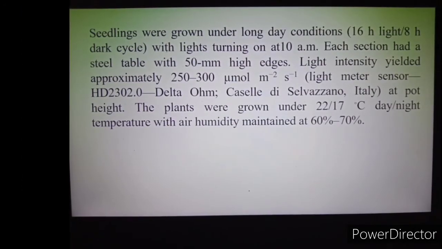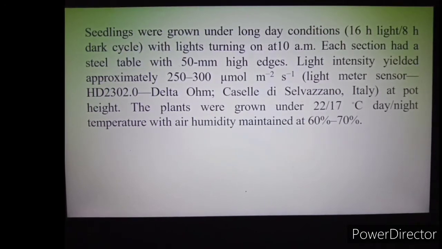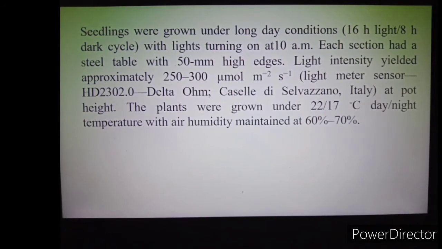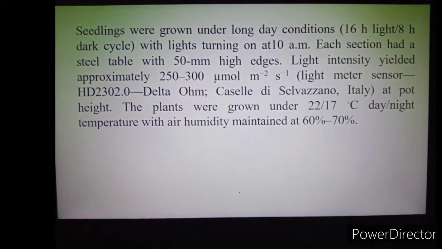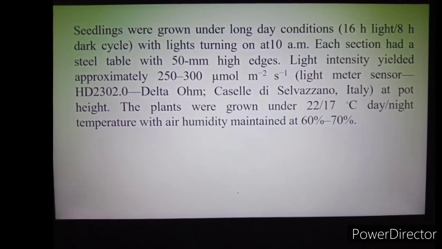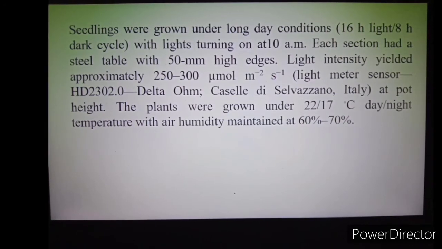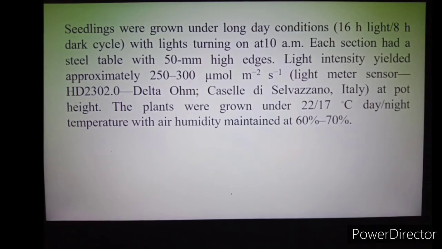Seedlings were grown under long day conditions, which is a 16 hour light over 8 hour dark cycle, with lights turning on at 10 a.m. Each section had a steel table with 50 mm high edges. Light intensity yielded approximately 250 to 300 micromole.